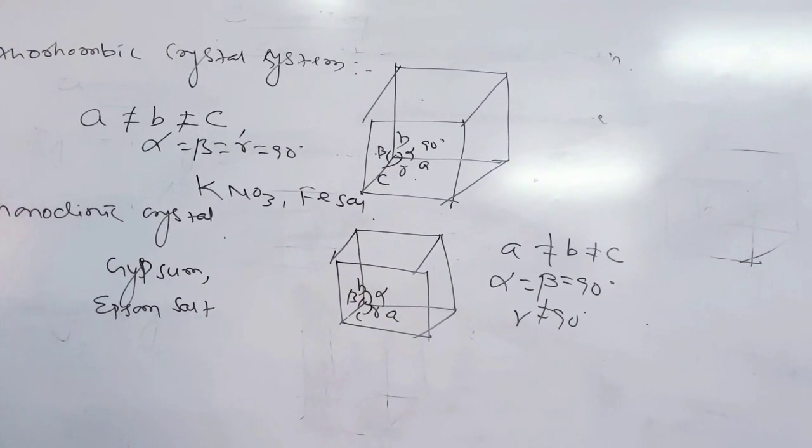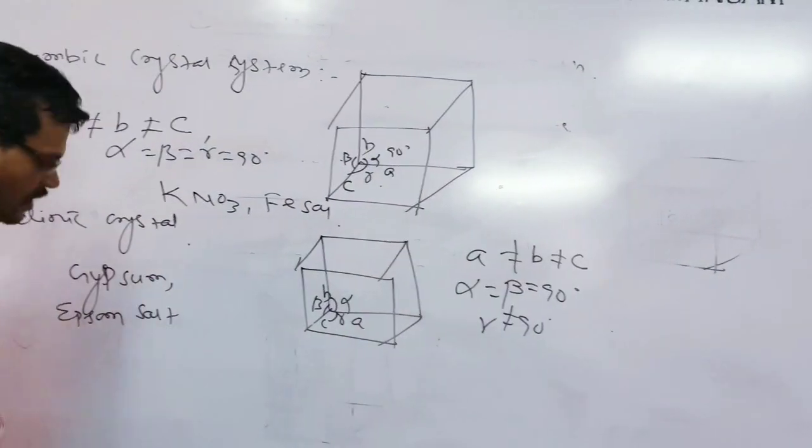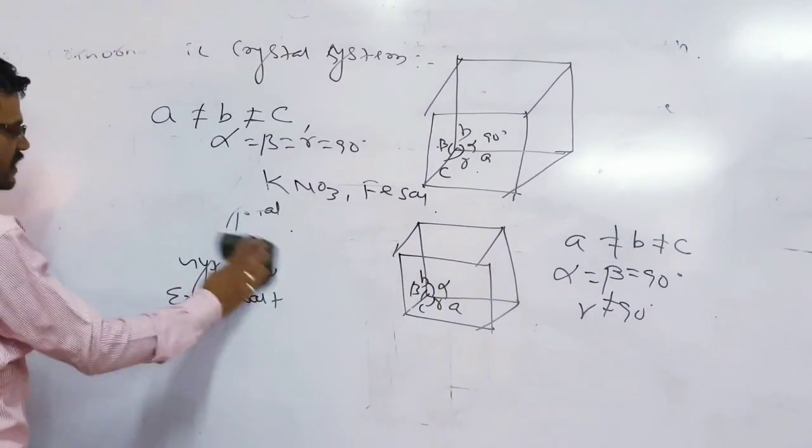After the monoclinic crystal system, let us move to the next, the hexagonal crystal system, number 5.